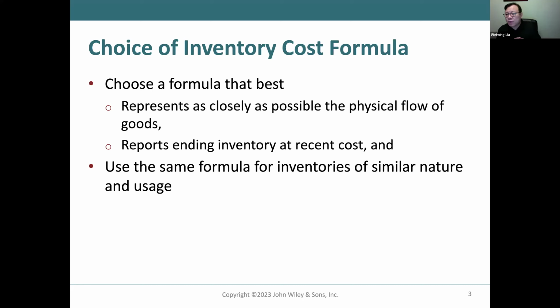But now in Canada, under international financial standards, we do not use LIFO. This method is not allowed anymore, so only FIFO. Here they're not saying it has to totally match the physical flow of goods, just as closely as possible. For a grocery store, the physical flow would mostly be first in, first out.